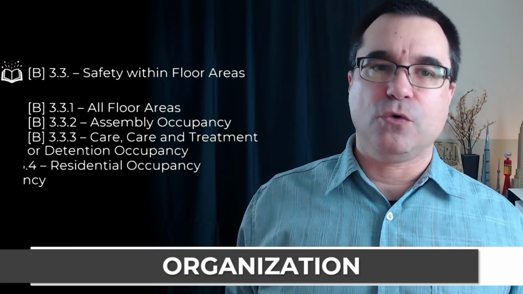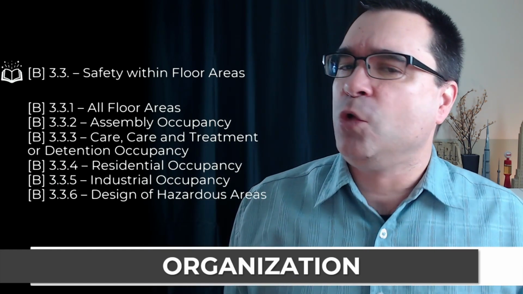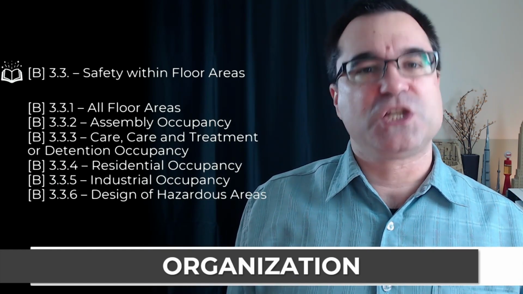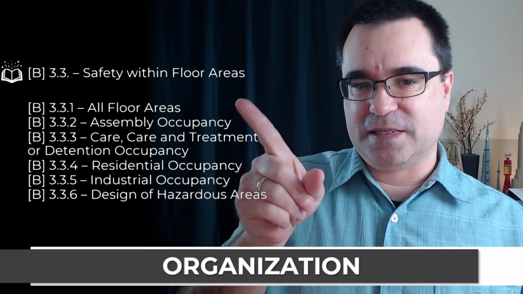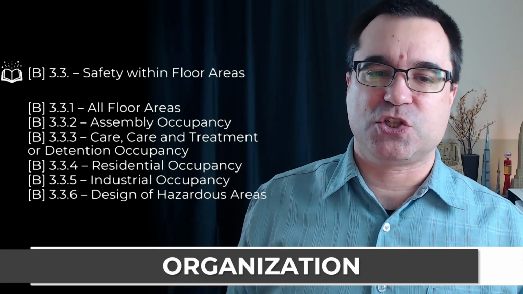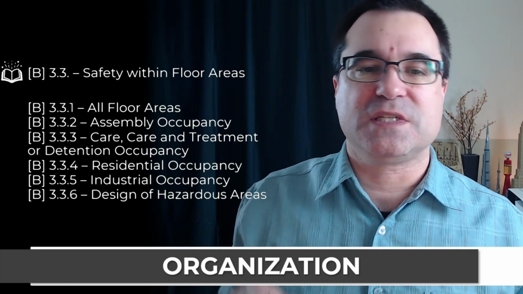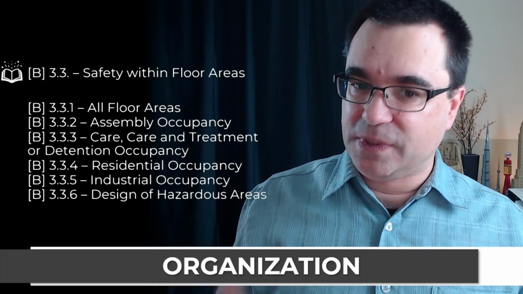Here is how this relevant portion of the Ontario Building Code is set up. We're in Division B, Section 3.3, safety within floor areas. It has all of these subsections under it. The first one relates to all floor areas. The second one, subsection 3.3.2, relates to assembly occupancies.